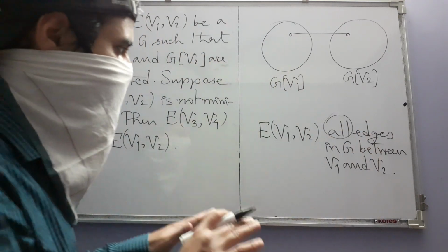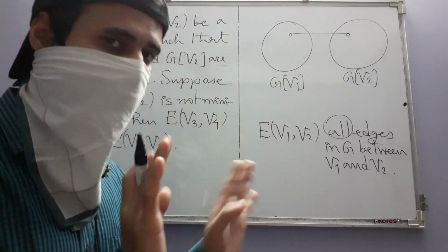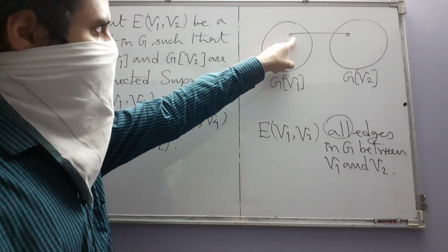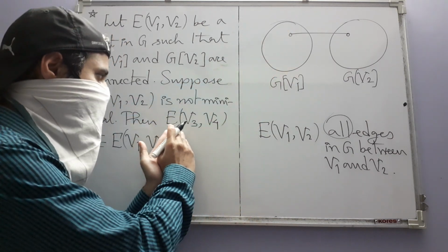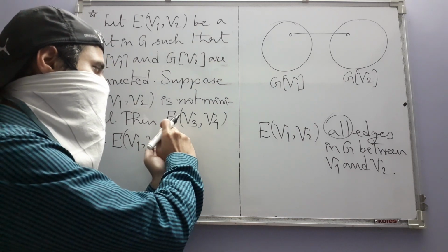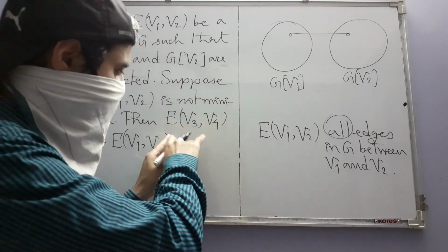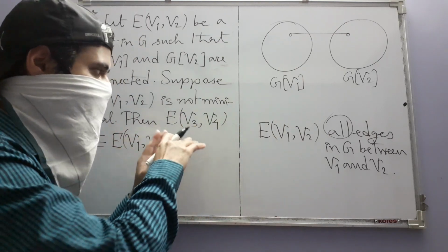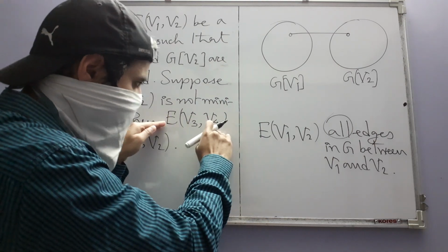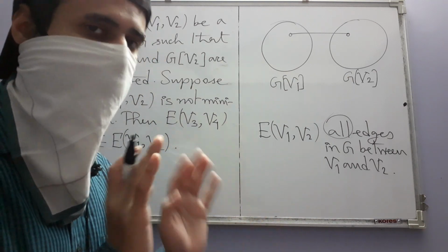That means in considering a cut, actually we are not deleting any edge from the graph. That should be kept in mind. So although what I am saying here is that we get rid of one edge and then we get to this cut, possibly deleting some other edges from EV1, V2, we at least have to delete one edge in getting this cut. From this cut, actually we are not deleting that edge from the graph.